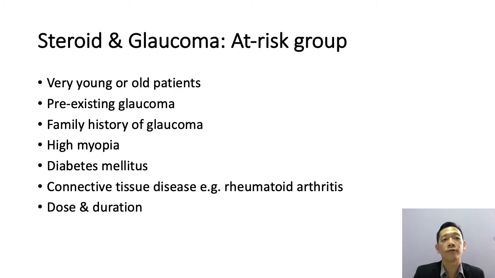For those who have the risks mentioned here, dose and duration will increase their risk, and you will need to monitor them even more closely. For very high-risk patients, after starting the steroid medication, you need to monitor them closely, at least within a week, to make sure their intraocular pressure has not increased.